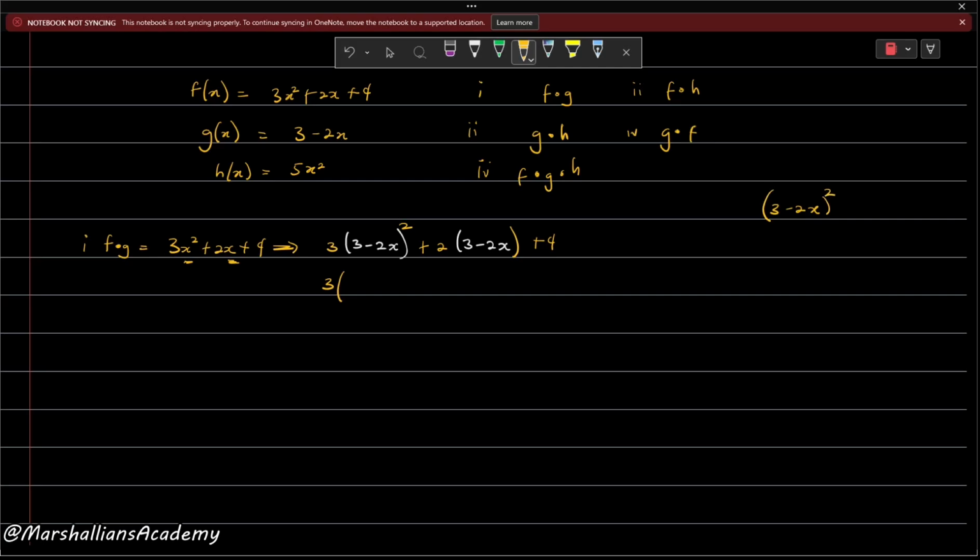3 minus 2x all squared. If you FOIL this bracket, well, for those that don't know how to FOIL brackets, just do 3 minus 2x multiplied by 3 minus 2x. And if you do that, you should be having something along the lines of 9 minus 6x plus 4x squared, sorry, not minus 6x, minus 12x.